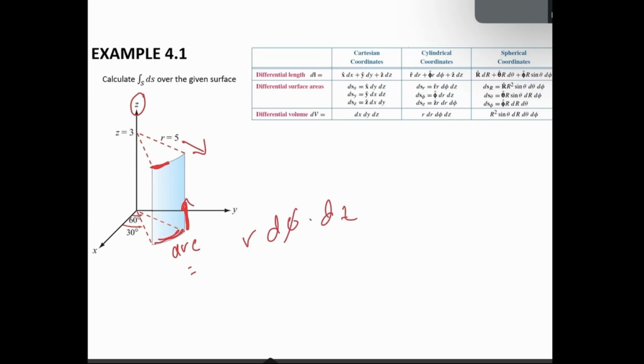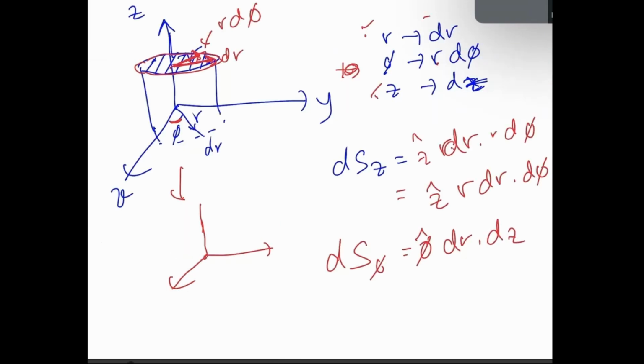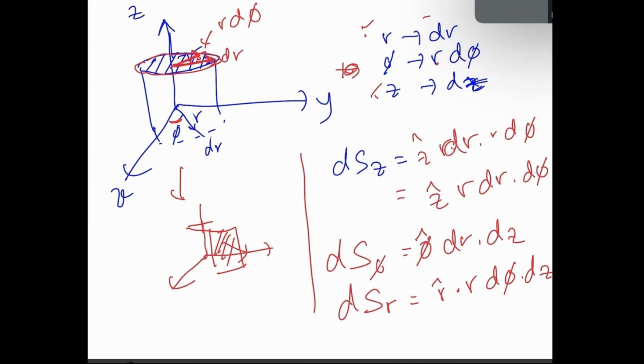This is the area. So the differential surface r is equal to r vector r d phi times dz. This is the surface area for the cylindrical coordinate.